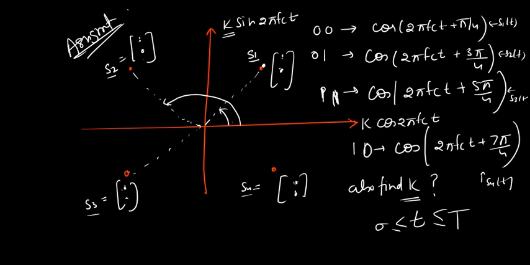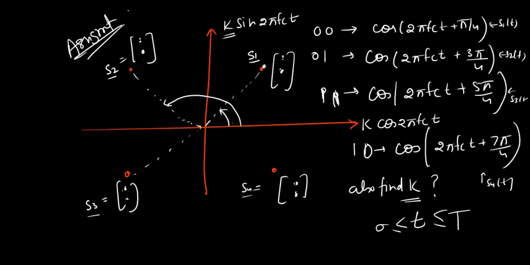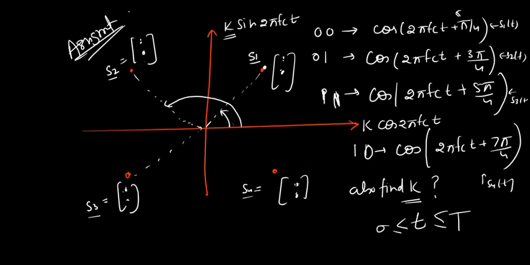So, as you can see, pi by 4, 3 pi by 4, 5 pi by 4, 7 pi by 4. So, it is 2 pi by 4 into 2.